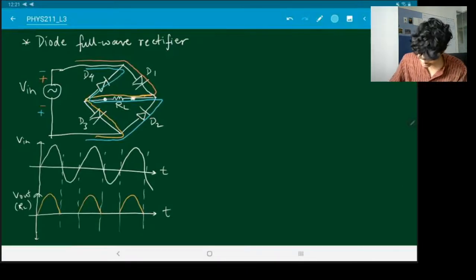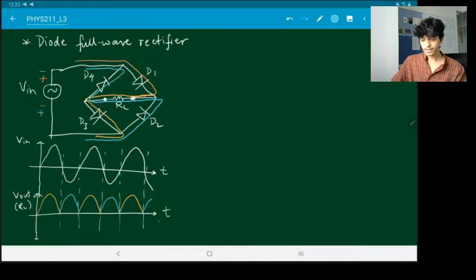So once again, even when your V input is negative, you still get a positive output across your load resistance, because the current is always flowing through RL in the same direction. So both during the positive and the negative half cycles, you get a positive output.